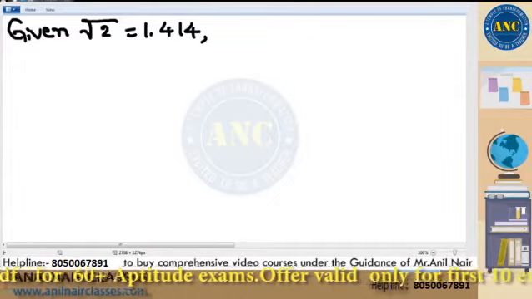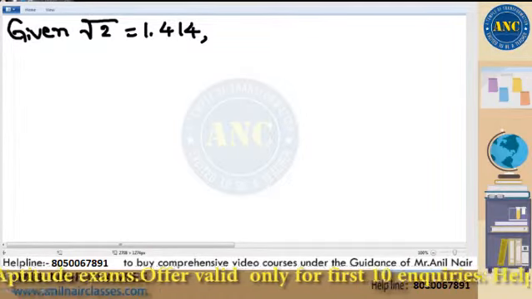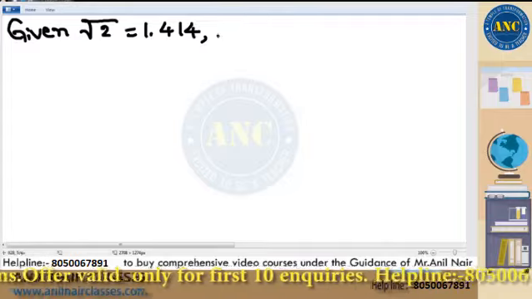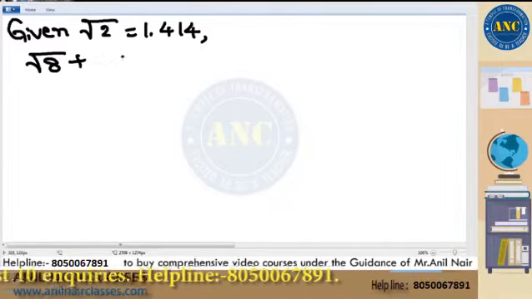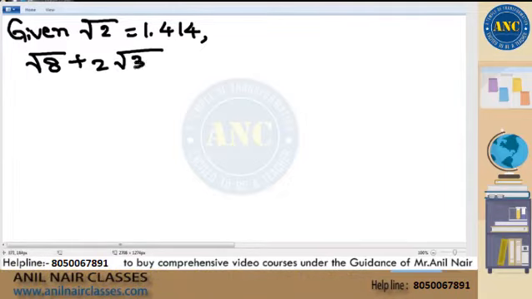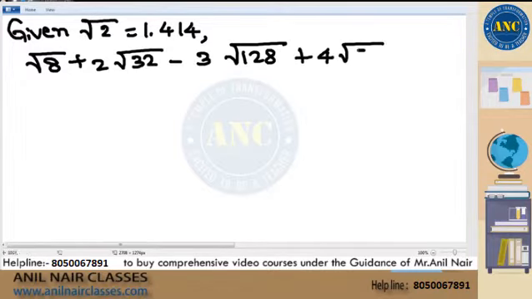You need to find the value of root 8 plus 2 root 32 minus 3 root 128 plus 4 root 50, provided we have the value of root 2 as approximately 1.414.